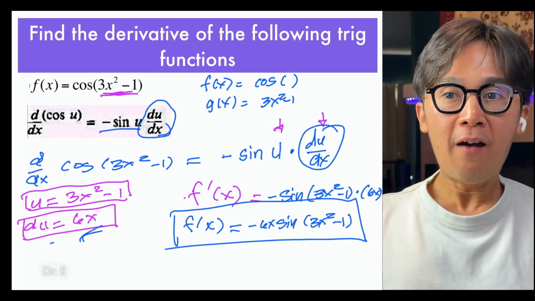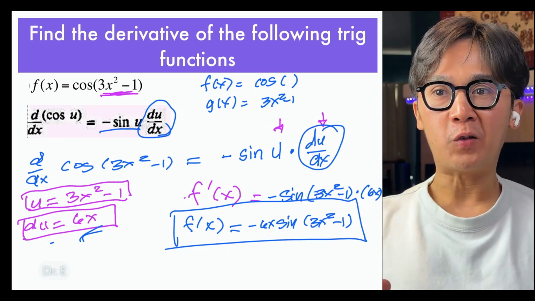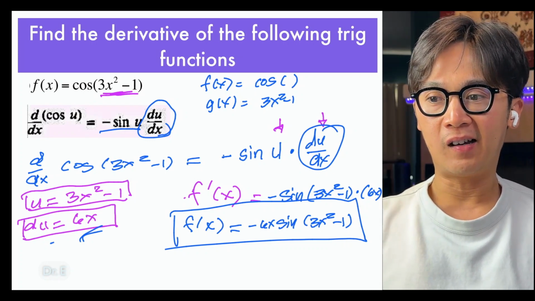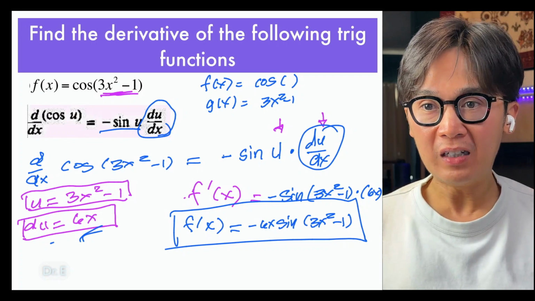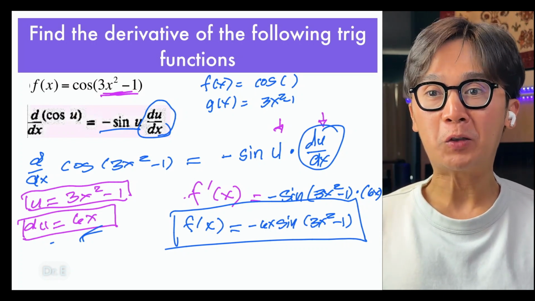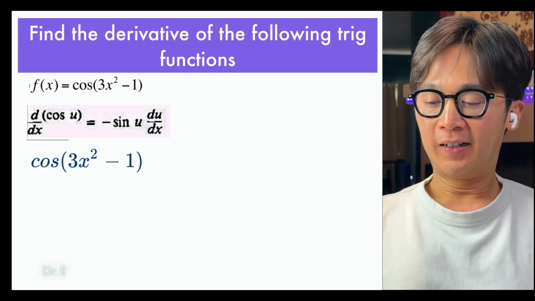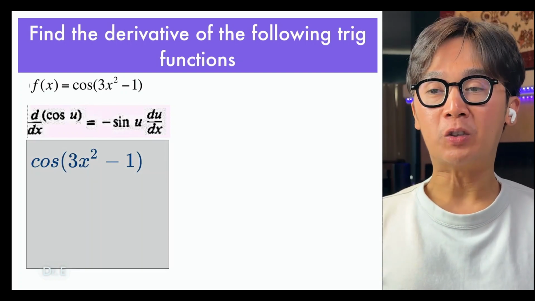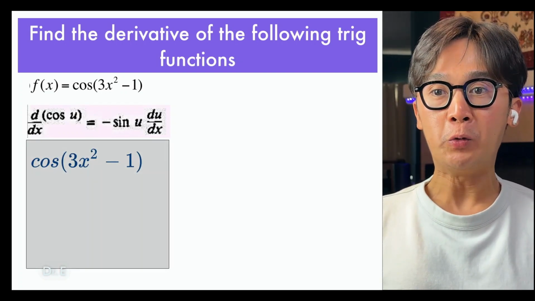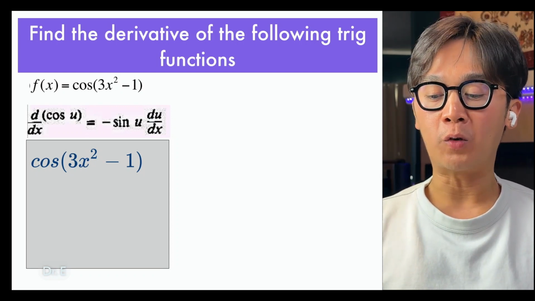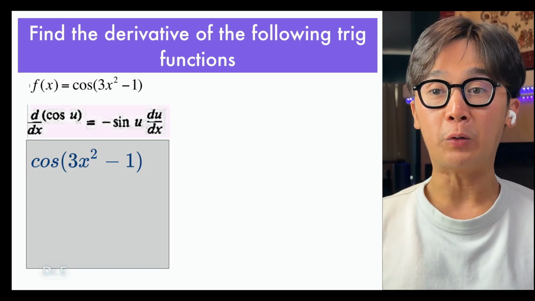For those of you who are doing this type of derivative for the first time, it may be a little bit weird at the beginning, but once you get used to it, it's actually pretty simple. First step is to define your u, and your u here is 3x squared minus 1, and we'll use the formula negative sine u du dx.